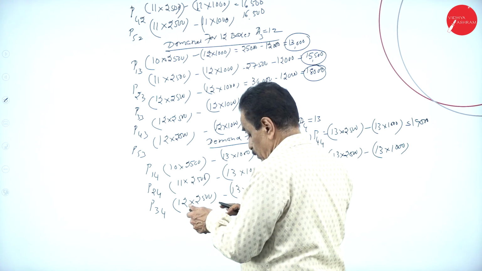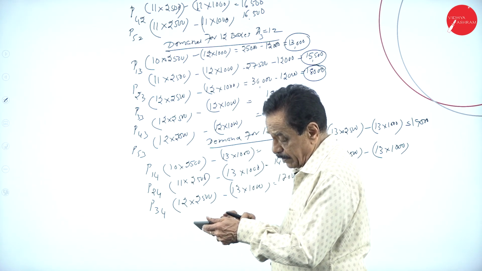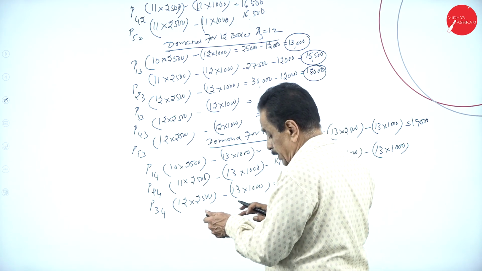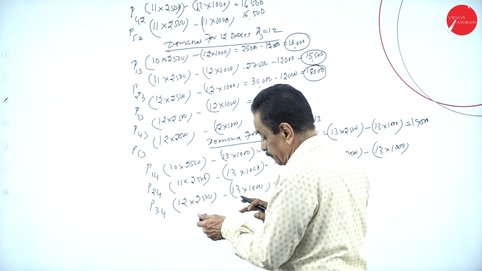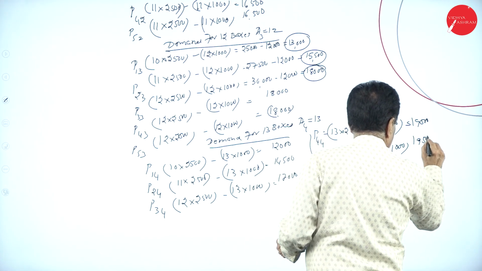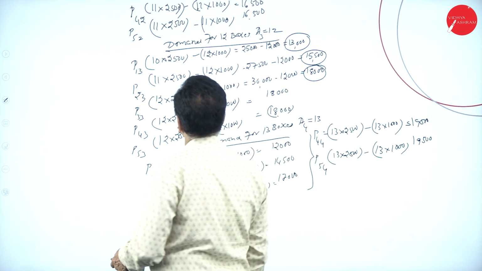Then 2,500 into 13, 32,500 minus 13,000, 19,500. So 13 boxes over.